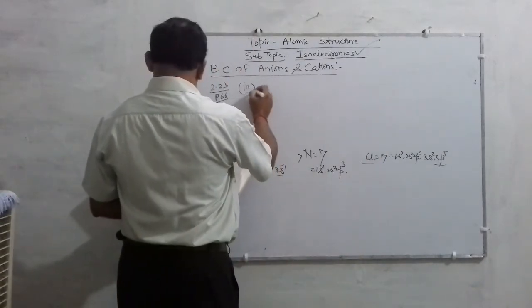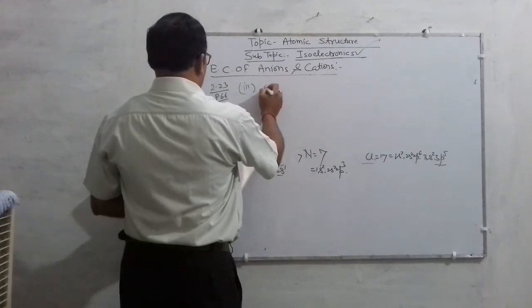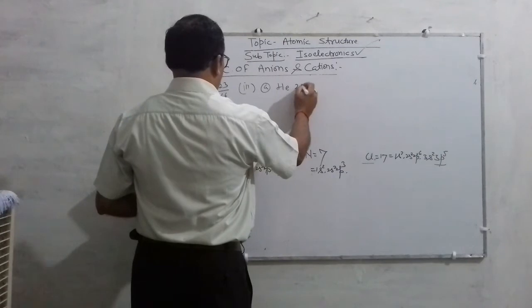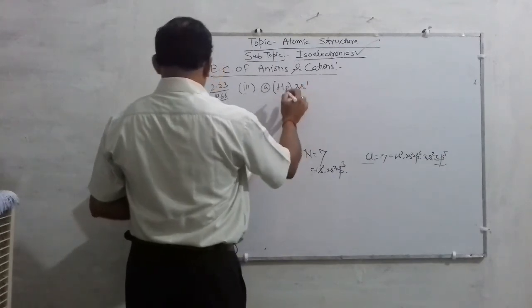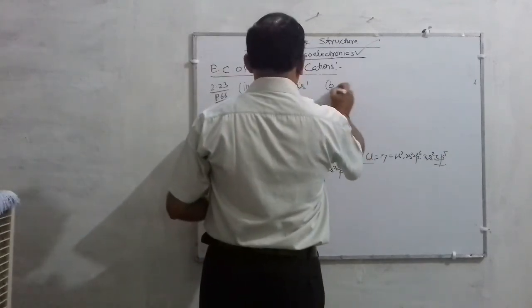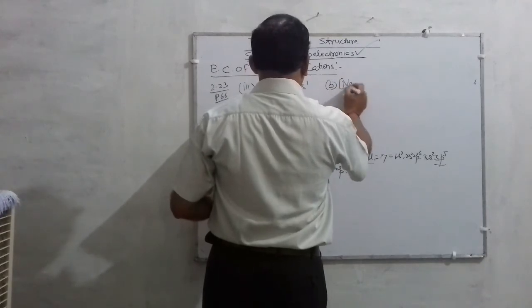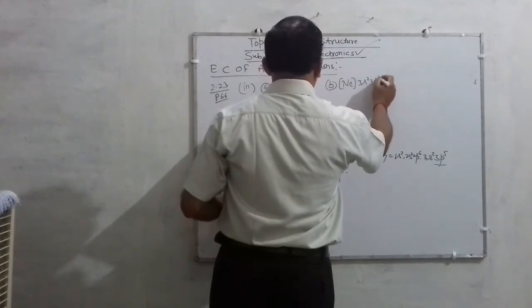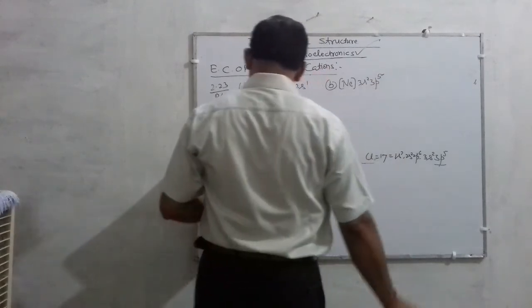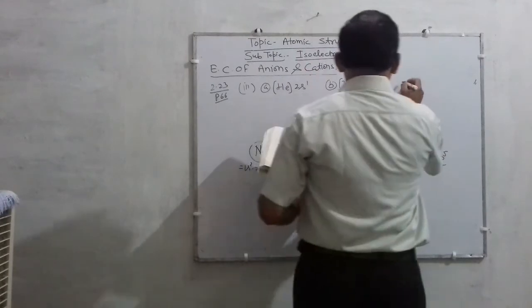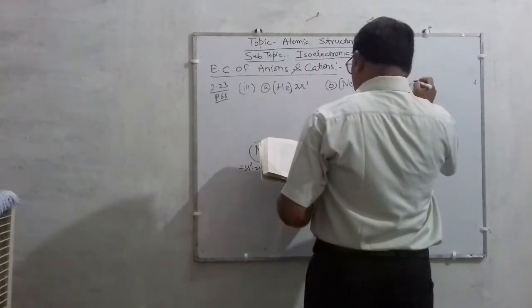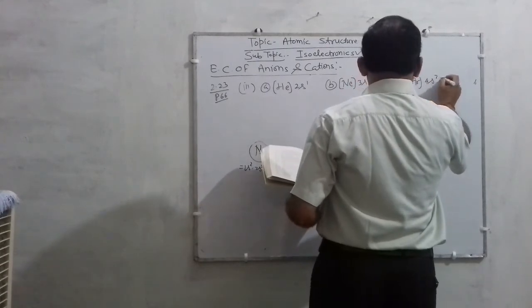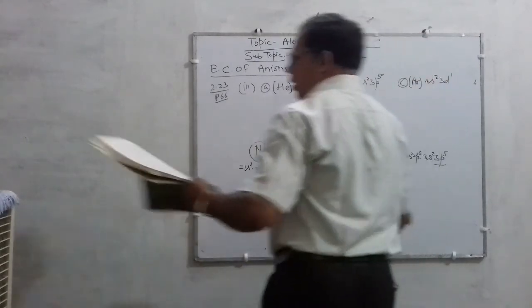Third of the same: A is helium and 2s1. B is neon and 3s2, 3p5. And C is argon, 4s2 and 3d1.